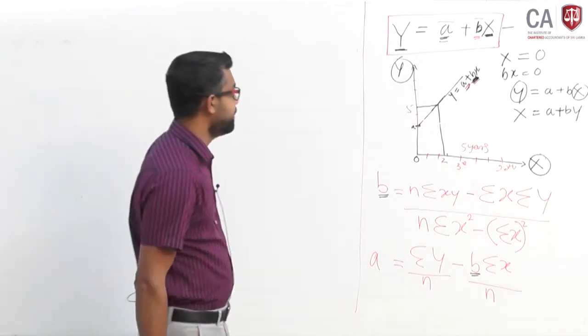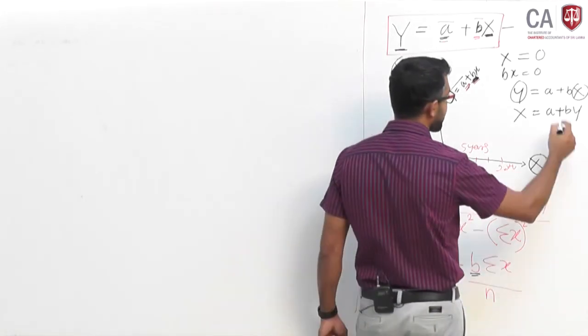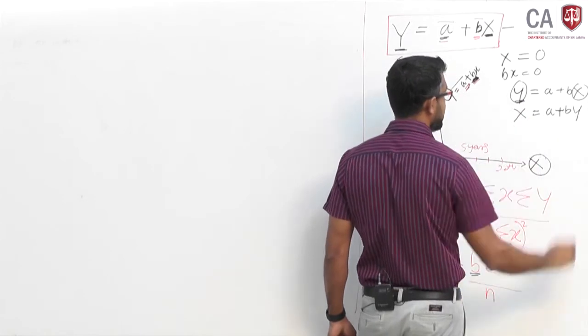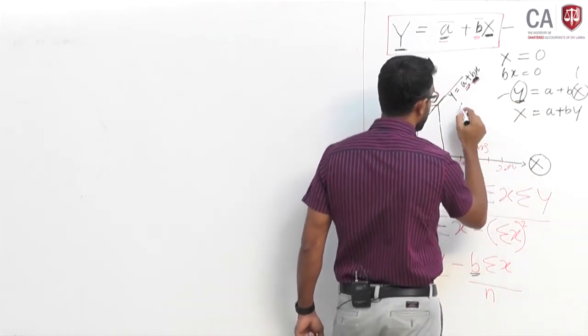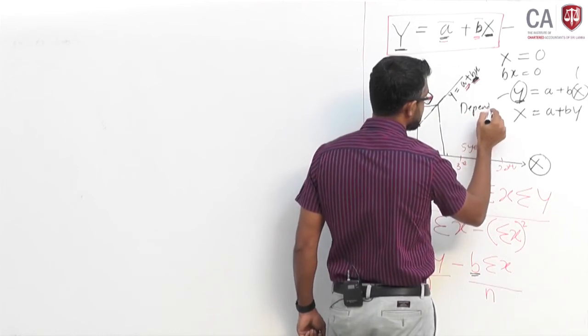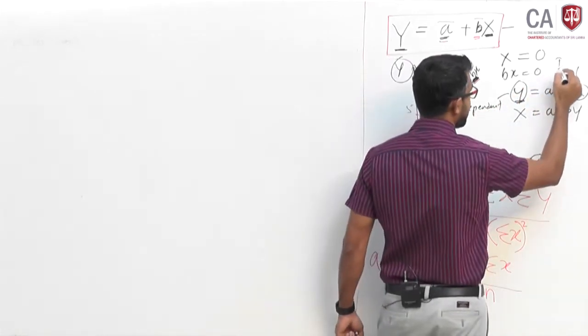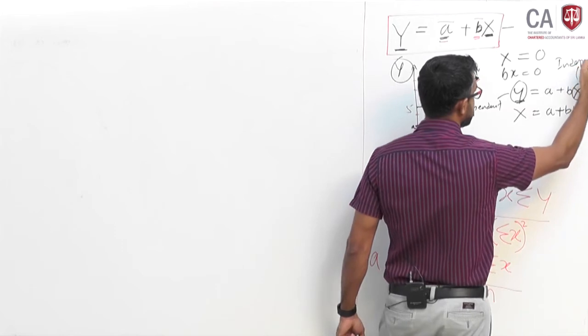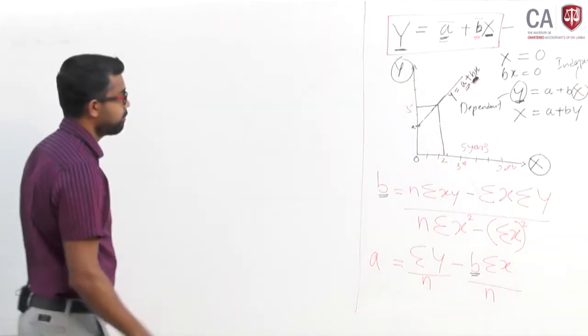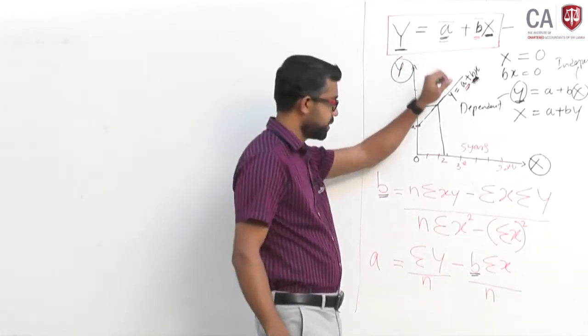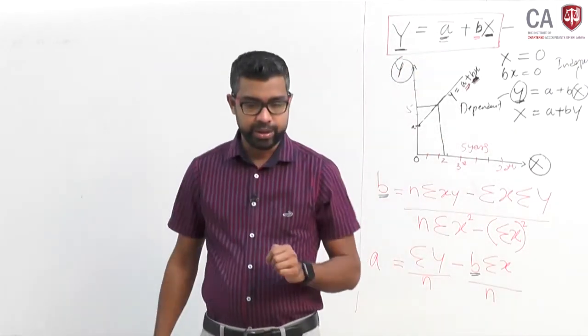There, for exam purpose, we always use what? Y upon x equation, where x is the independent variable and y is the dependent variable. From that we can figure out this equation. That's the question.